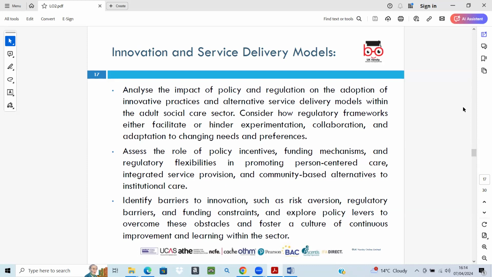Now, we always examine how the regulatory framework influences the adoption of innovative practices, like whether regulation provides the necessary flexibility for experimentation and adaptation to changing needs and preferences. And we look at the impact of policy and regulation on the development and implementation of alternative service delivery models, such as community-based care, integrated health and social care services, and technology-enabled care.